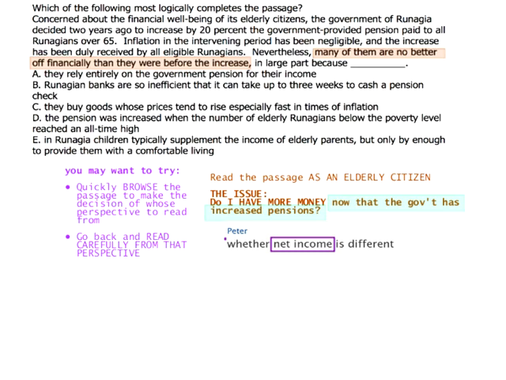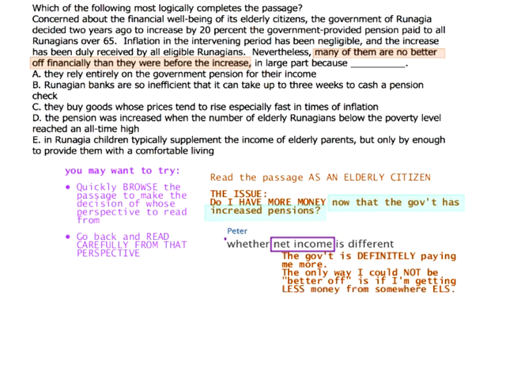The government is definitely paying me more. And if you adopt the perspective of these elderly citizens, it should be clear. You got a 20% pay raise from the government. So the only way I could not be better off, quote unquote better off, is if I'm getting less money from somewhere else.